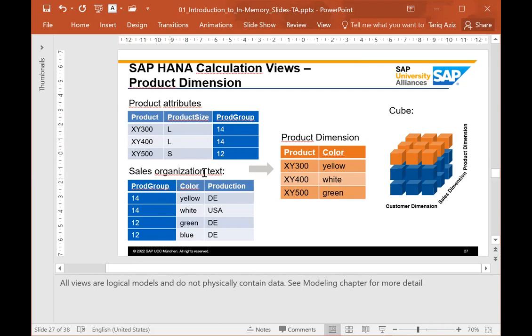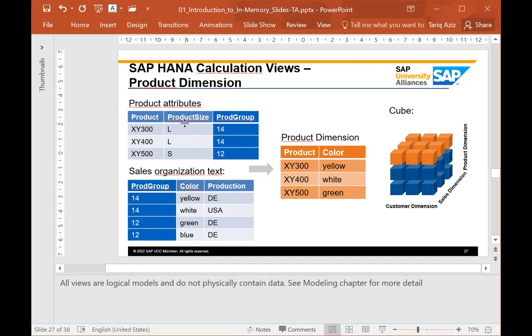And then we have some kind of sales organization, and then we have a color of the product. Since this is a product dimension, every column in the table can be used as a dimension of the report. I'm looking for the product which is a yellow color.